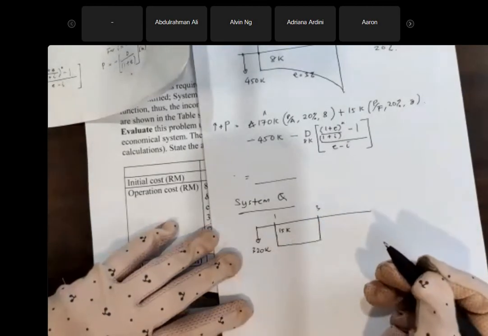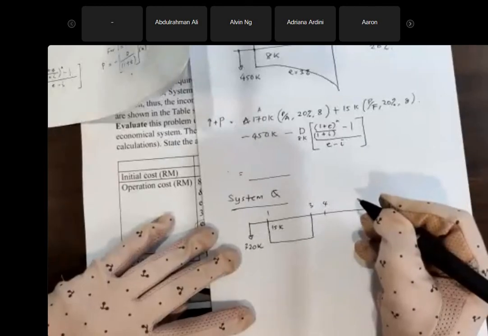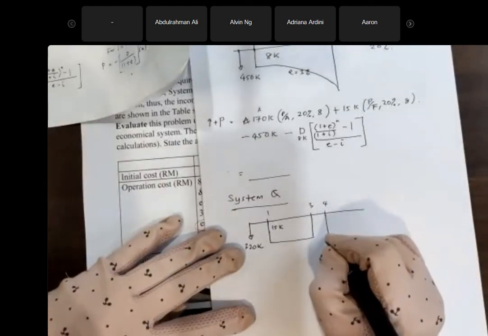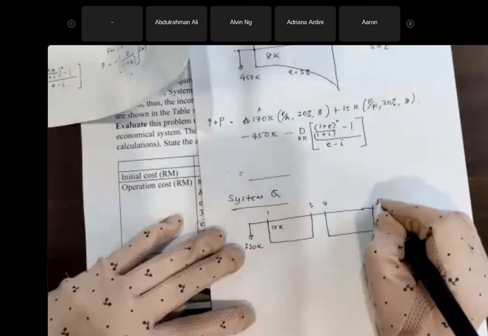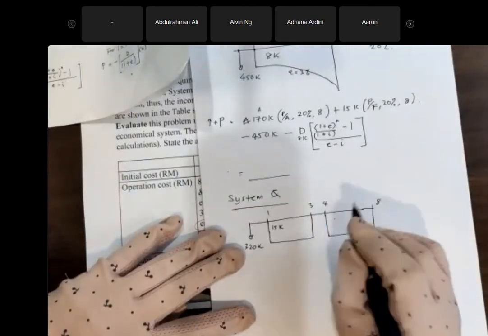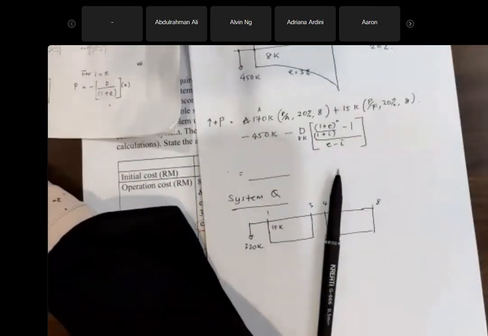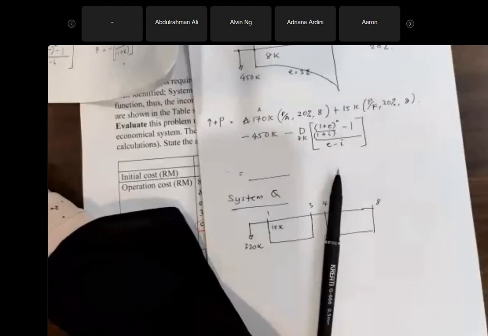And the operation cost at year 4 is different, until the end of life at 20,000 per year. The life is 8 years. Okay, very good.